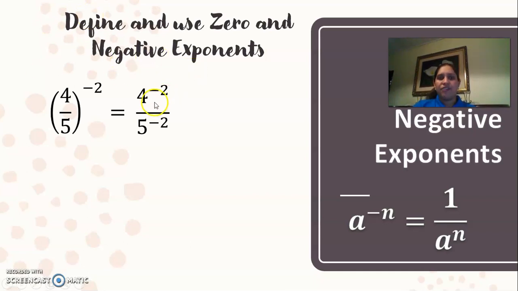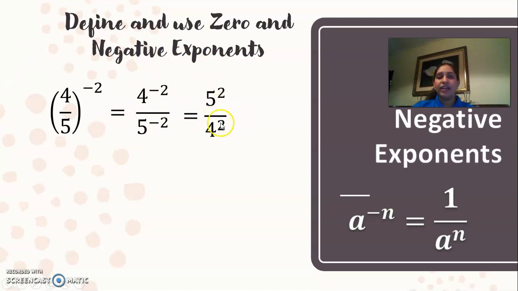Well, I have two values with negative exponents, and both of them are in a fraction. So the easiest way is just to make it reciprocal. What does reciprocal mean? Changing the value you have in the numerator to the denominator, and the value you have in the denominator to the numerator. Just like this: 5 raised to the power of 2 over 4 raised to the power of 2. I make my reciprocal, and now I have it like this.